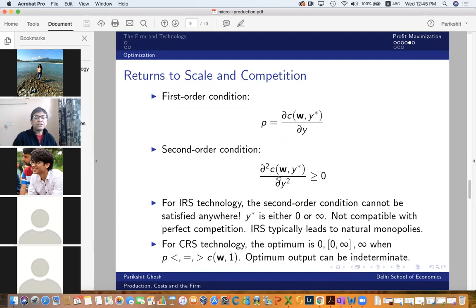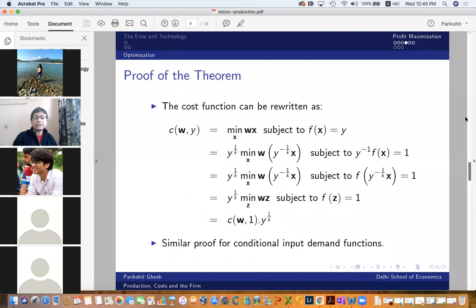Based on what we proved in the previous slide, if it's a homogeneous production function with degree k, increasing returns means k is greater than 1, because 1 by k is a number smaller than 1.